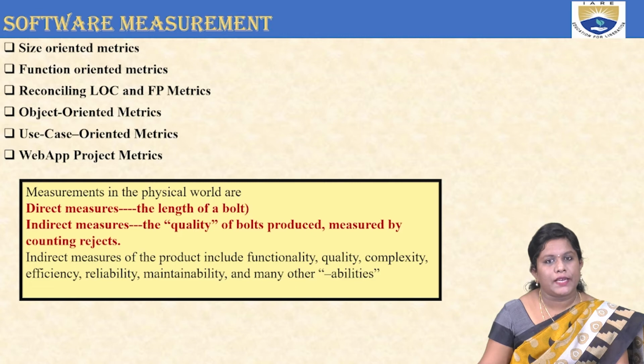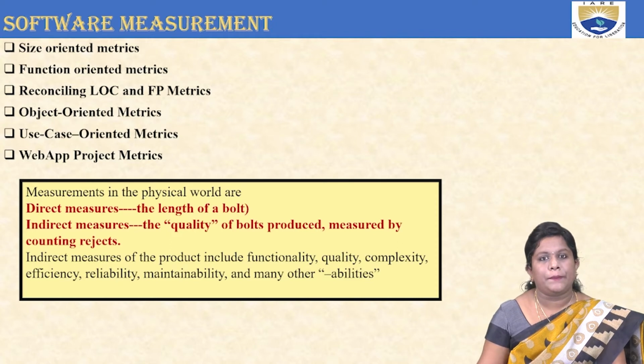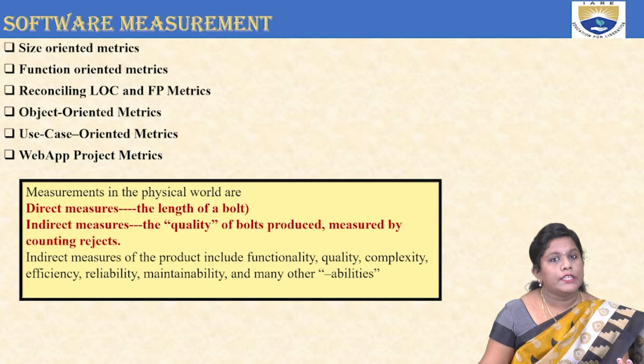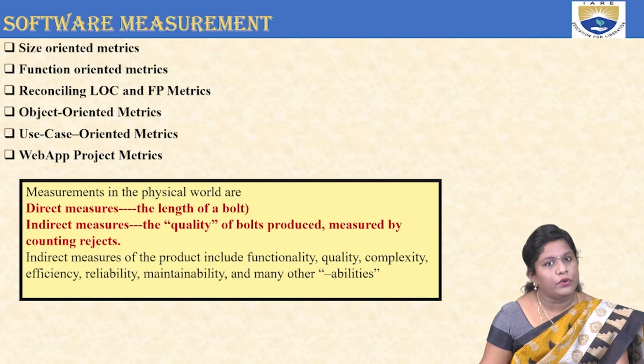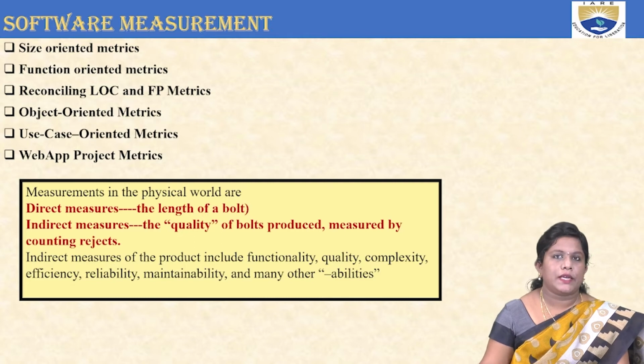So I repeat, indirect measures include functionality, which cannot be measured directly, or quality, which cannot be measured directly, where different metrics have to be applied so that you can say, yes, this product is giving us a very good output. And how do you say it is giving us a good output or a good quality? That again you have to measure. In what ways do we measure this? We need to study the different metrics involved.